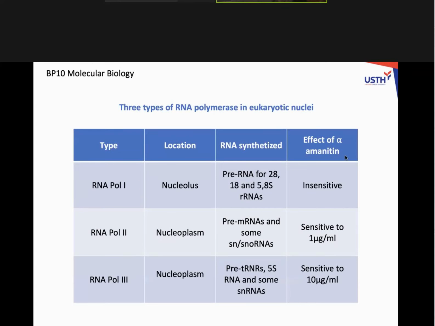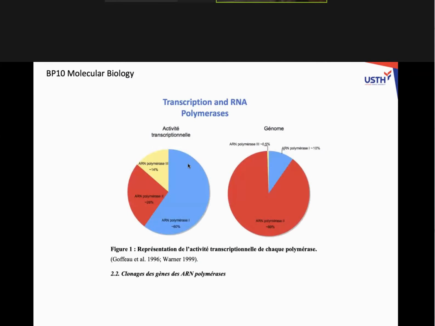Okay, so these RNAs need to be expressed in very, very high quantity because they are part of the ribosomes. And the ribosomes need to be present in huge amounts in order to do all the translation of the proteins. So the quantity of transcript coming from Pol1, this 60%, represents only the RNA that is present in all the ribosomes inside the cells.